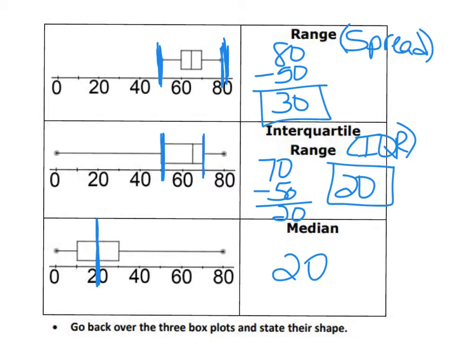Now, when you're given box plots, you're also going to be asked what the shape is. And you guys remember the shapes? It's either skewed left, skewed right, or symmetrical, right? So if you look at this, is the first one skewed left, skewed right, or symmetrical?